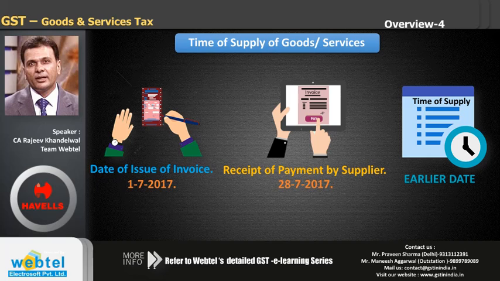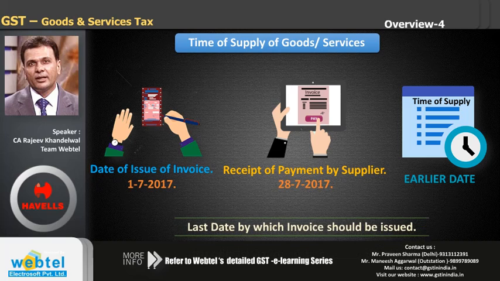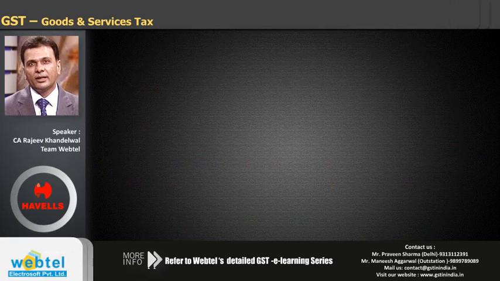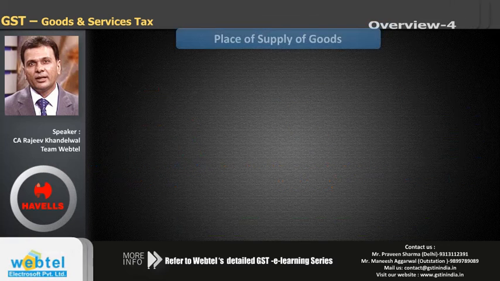No. The last date by which the invoice should be issued in this case will be taken as the time of supply. So some time limit will be specified within which the invoice should be issued, and if it is not issued within that time period, then time of supply will be a particular time after that. Place of supply of goods.